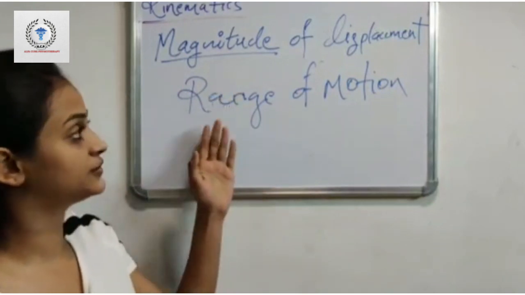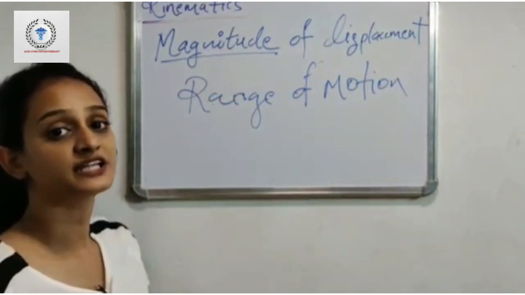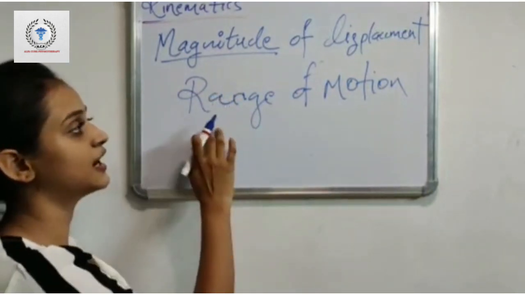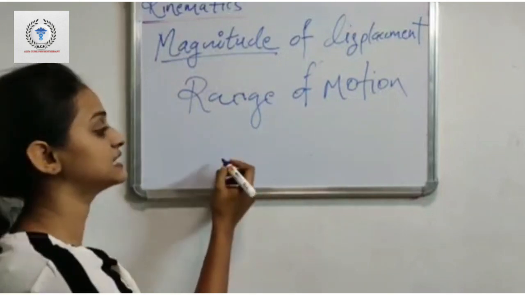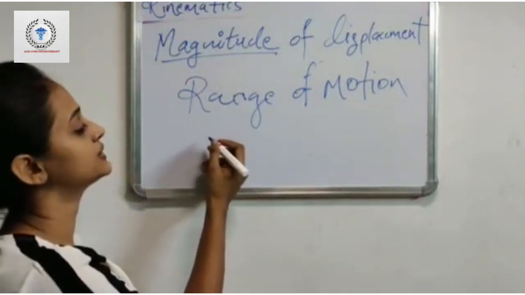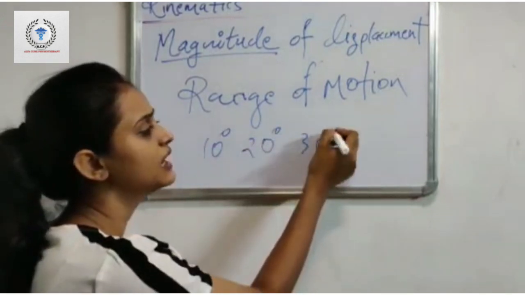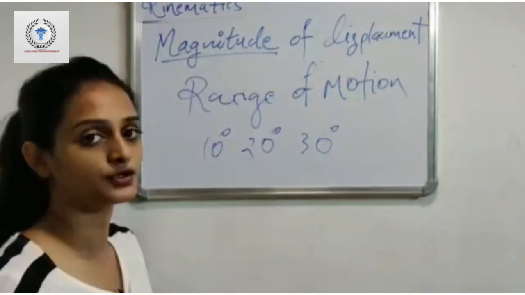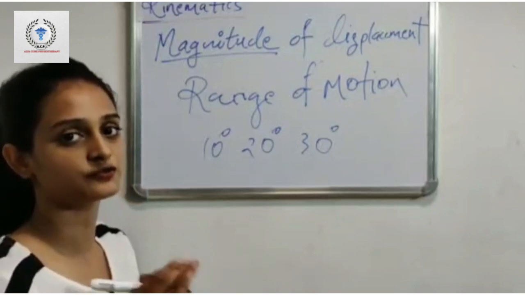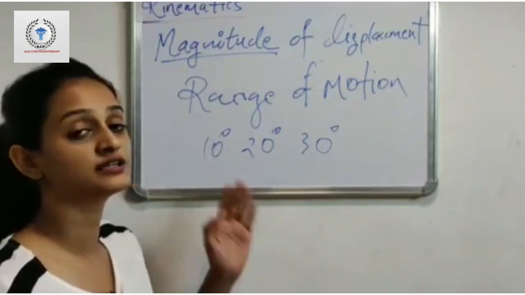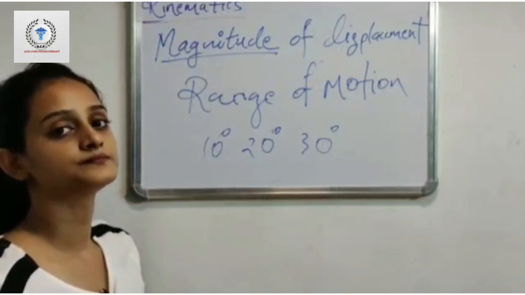So in magnitude, you have to remember range of motion, that is how your movement is measured, and it is expressed in degrees. So it can be 10 degrees, 20 degrees, 30 degrees. Every joint in your human body has a particular range of motion and particular degrees of motion, which you have to remember.